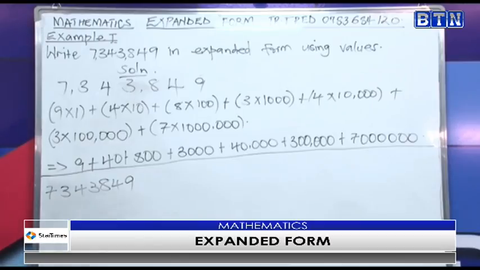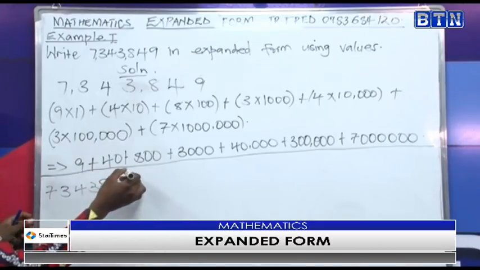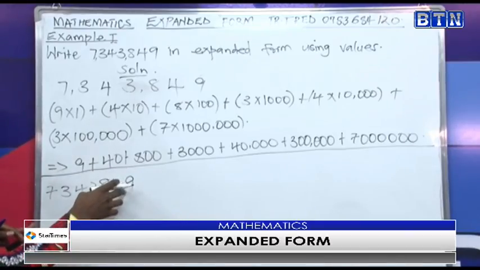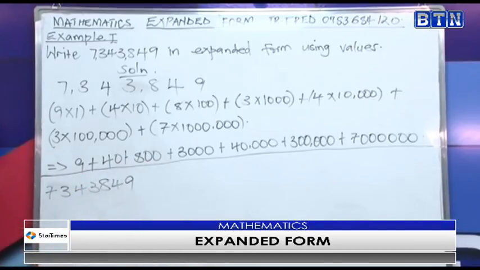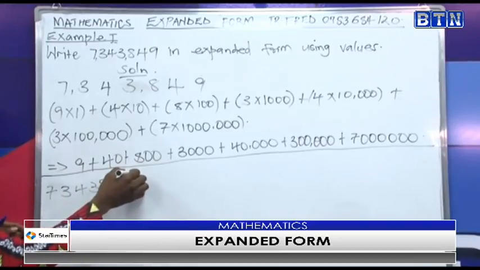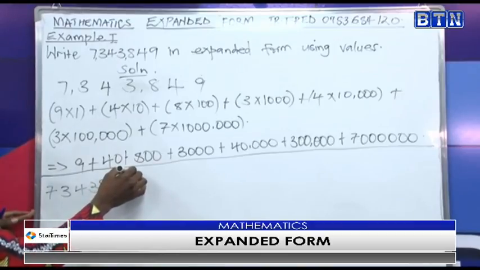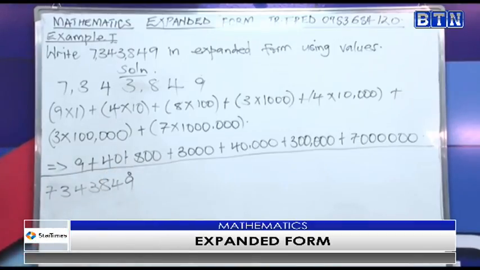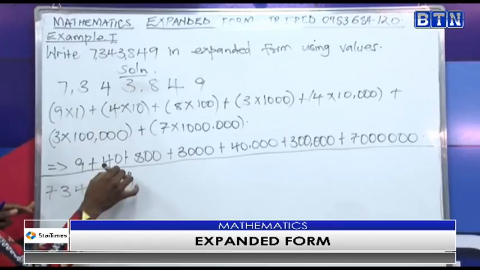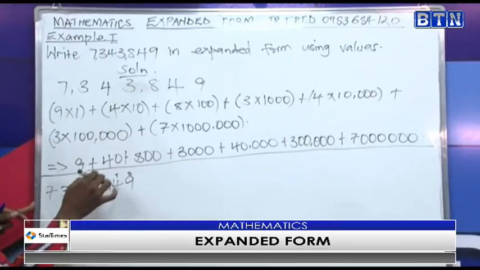So 7 becomes the biggest digit in this case. So we shall first of all say, when you come on the last digit, we shall not put there any 0 because this is ones. So if this is ones, I'll give it any to represent ones. Then this will be tens. This will be hundreds.